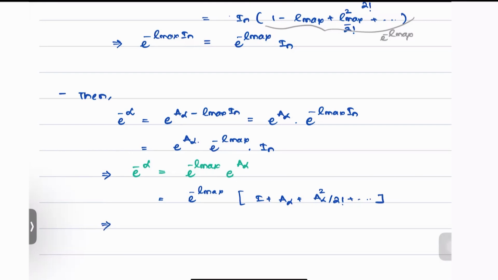Hence, we can multiply L max with all of these terms. And if we ignore all of the higher order terms here, then what we are left with is e raised to the power minus L is actually less than or equal to e raised to the power minus L max times In. In this expression, we have simply ignored all of these terms. Hence, if we delete all of these terms, this is what we get, which proves our third property.